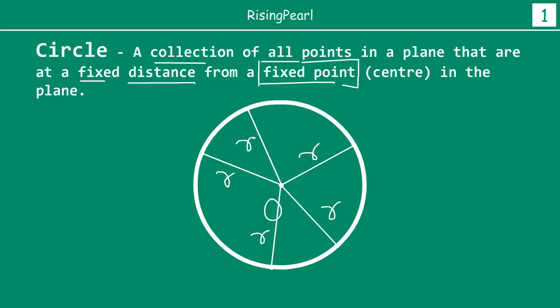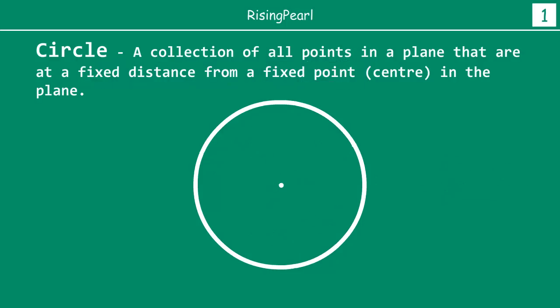So then this graph highlighted in bold white, this graph is called circle. That is the collection of all points that are a fixed distance away from a fixed point. That is a circle. So if you look at it this way, this graph is the circle.